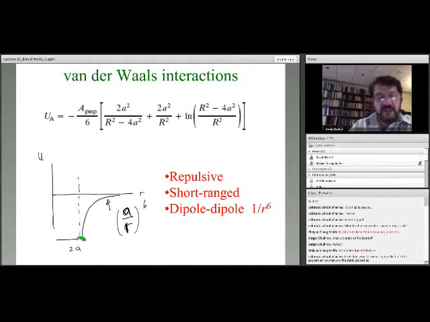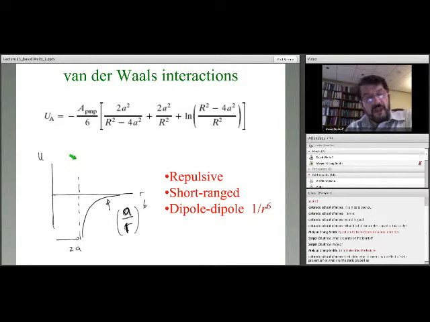And there are many calculations of this kind of interaction for different shapes. It's very strongly dependent on the shape because you have to sum the dipole-induced dipole interaction over all units of each of the solids. It's relatively short-ranged, but it doesn't have to be that short-range, and it's not that short-range compared to the hard-sphere interaction.